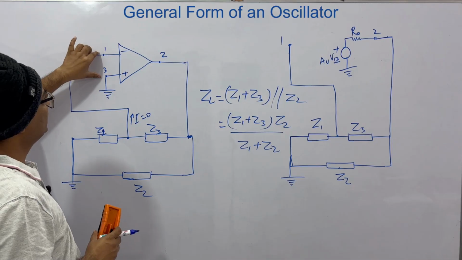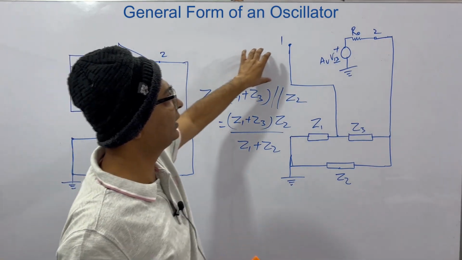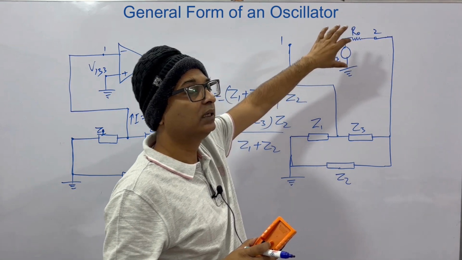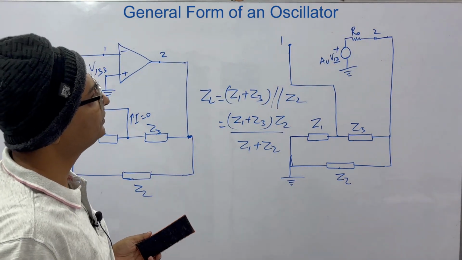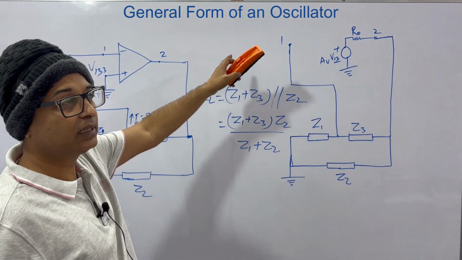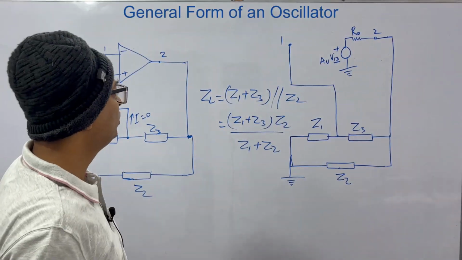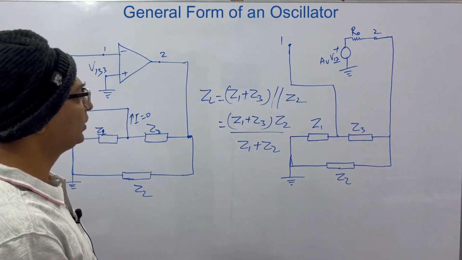So this is the amplification of this voltage, and RO is the resistance in the output of this amplifier. Which I told you, Rin is very large, RO is low. So this is a schematic representation of this circuit only.